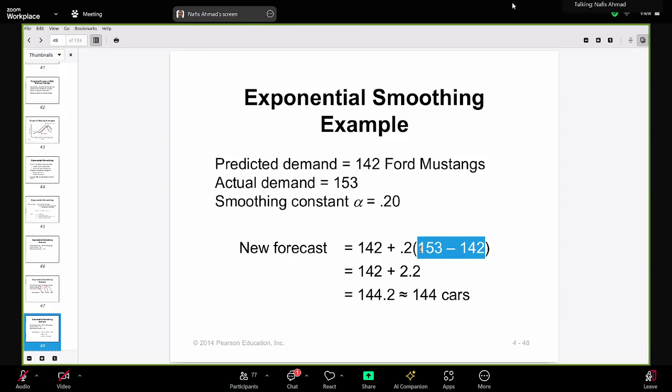So if there is any mistake in the forecasting technique, we are addressing this by using both the forecasted demand and actual demand.